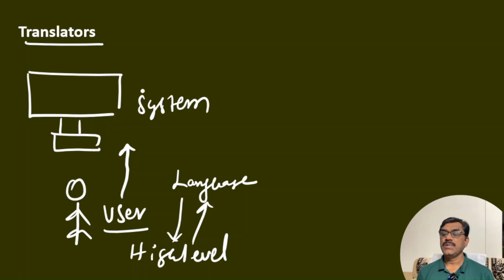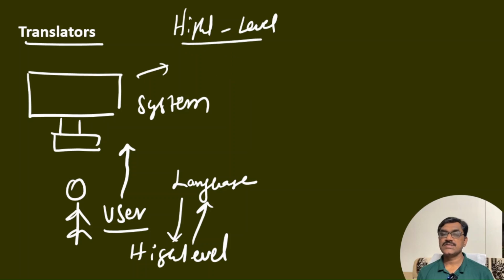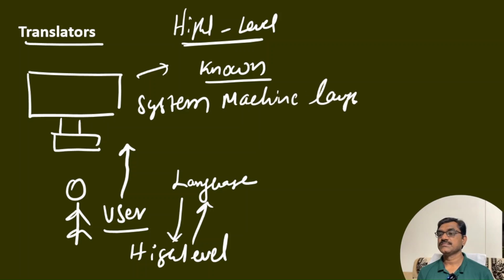But coming to the system, it doesn't know about high level language. It is unable to understand it. The system knows its own language. That is known as machine language, or we can say low level language.